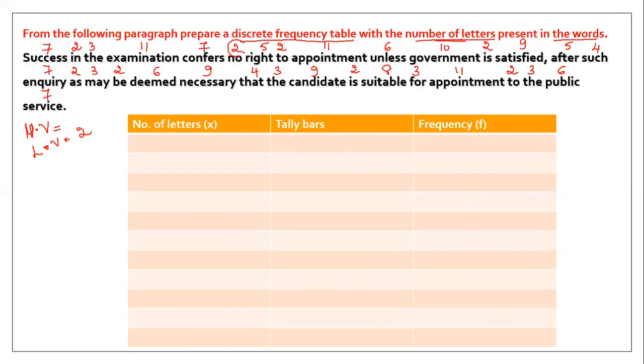So 2 is the lowest value and 11 is the highest value. So we can write the number of letters from 2. We can start from 2. So 2, 3, 4, 5, 6, 7, 8, 9, 10 and 11. Okay, from 2 till 11 letters we have.